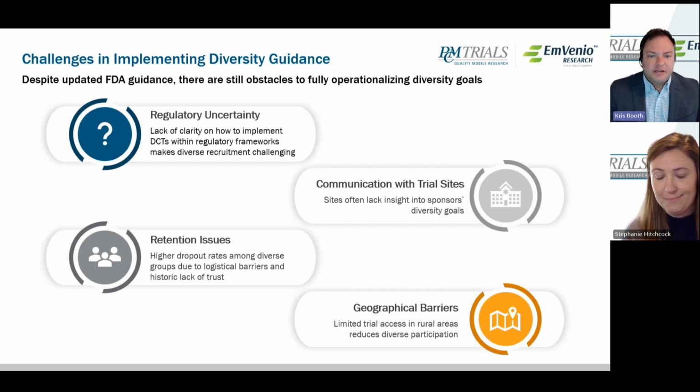There's not a conflict here because everybody recognizes, as Stephanie really says, that this is a need and this is something that is incredibly important. However, there's a lot of uncertainty, not a lot of clarity in how to actually work with this decentralized element or even a hybrid element inside of the industry.